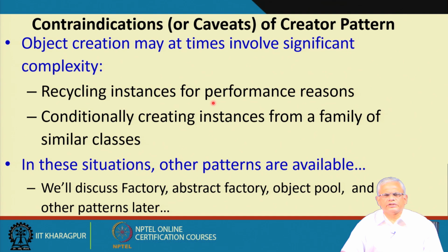That is, we create an object, but we just do not delete it; on the next creation we reuse it. Conditionally creating a family of objects of similar classes will use the abstract factory pattern. So, these are some situations, reuse and creating a family of objects from a class hierarchy, where other patterns become more appropriate, but the creator pattern is one of the most used patterns, and very intuitive.